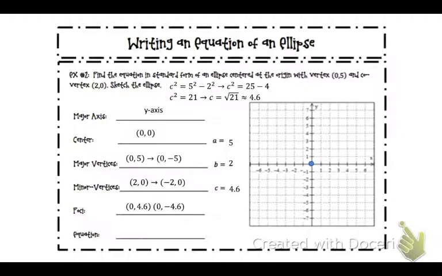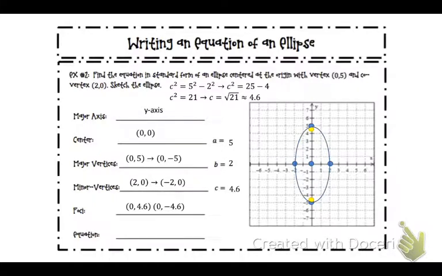So we have a center at (0, 0). We have our major vertices at (0, 5) and (0, -5). Our minor vertices at (2, 0) and (-2, 0). And then our foci at (0, 4.6) and (0, -4.6). There is that ellipse.